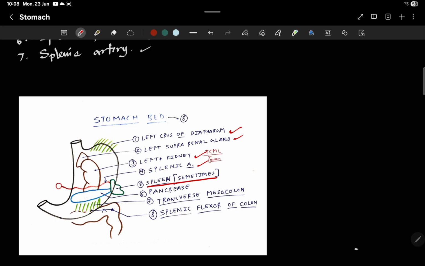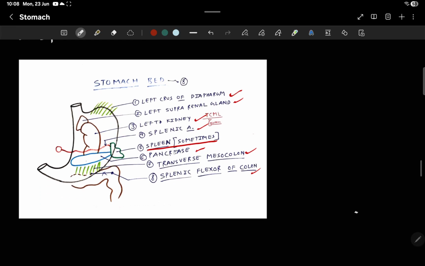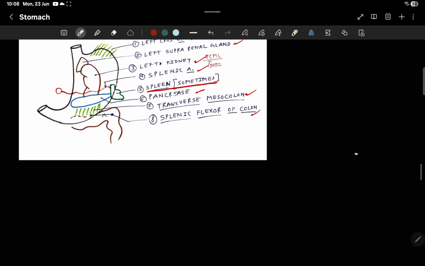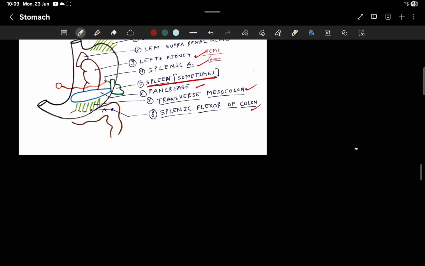Sometimes you can also add the spleen, in case of pancreas, mesocolon, and splenic flexure of colon. Sometimes it may be present. So this is the diagram of the stomach bed. Okay.